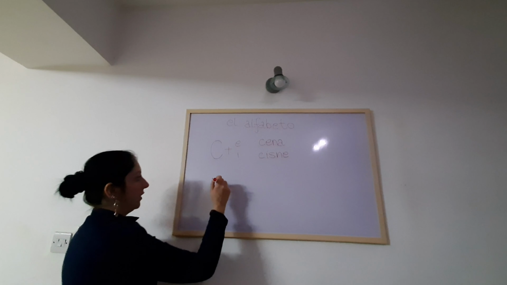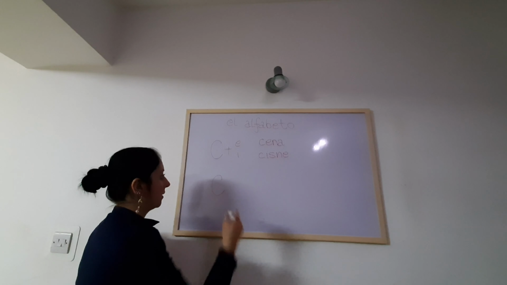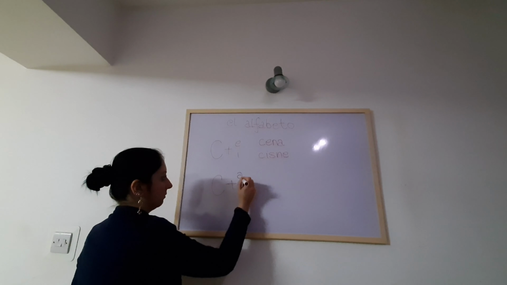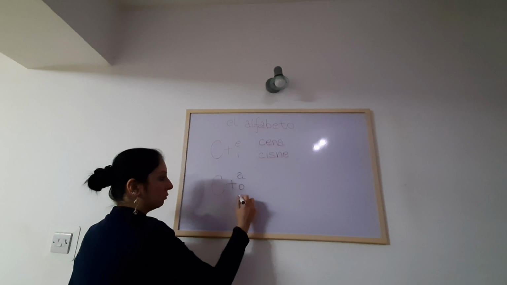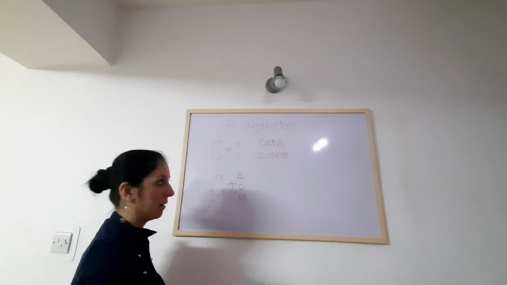Now, if it's followed by the vowels A, O, U, it is pronounced as K.